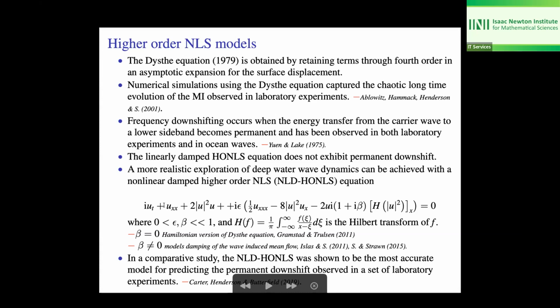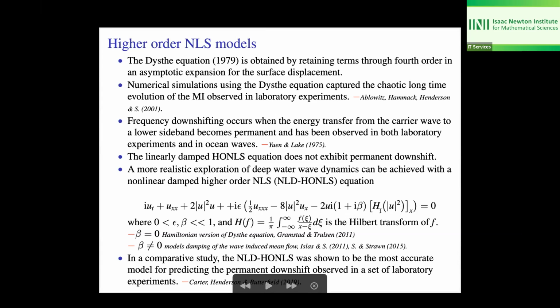And so unfortunately, though, linearly damped higher NLS does not exhibit permanent downshift. And so a more realistic exploration of deep water wave dynamics can be achieved with a nonlinear damped higher order NLS equation. And here we introduced this beta term, which models then damping of the wave-induced mean flow.